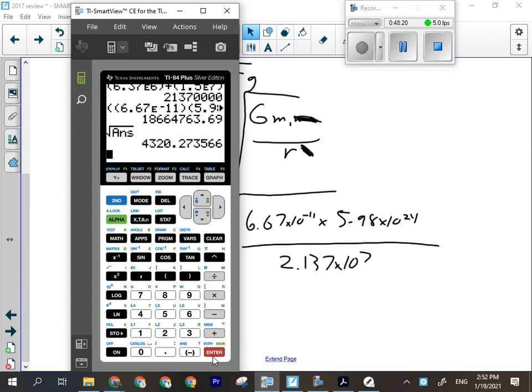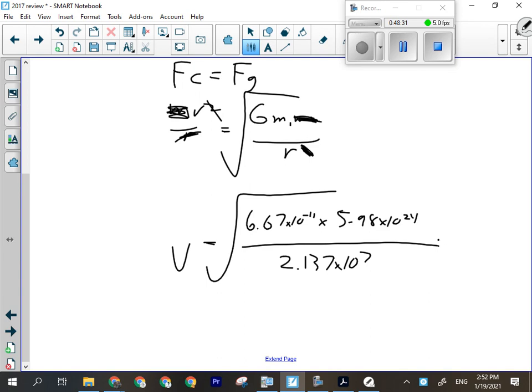So it's got to move at 4.3 times, actually we have two significant figures, so 4.3 times 10 to the 3 meters per second. All right, so that would be a typical satellite motion question. Okay, what else?